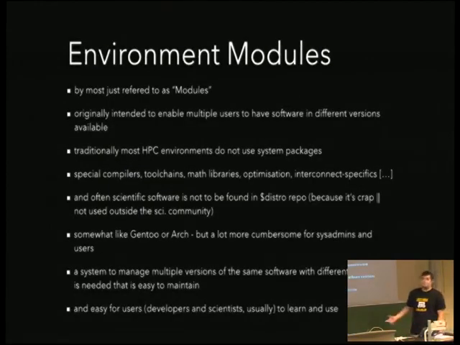But most people there just refer to them as modules. So if you talk to people from HPC sites and mention modules, they're probably going to know what you're talking about. They were originally intended to enable multi-user environments that have different versions of the same software running at the same time without any complications.